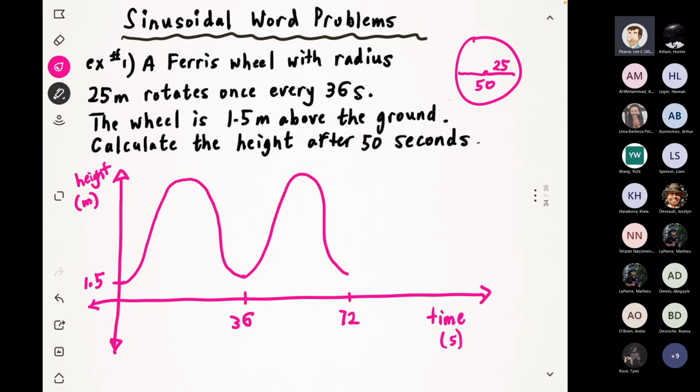So in that case, if the space between the bottom and the top is 50, then the maximum height is going to be 51.5. Okay, because that's the distance from the bottom of the Ferris wheel to the top of the Ferris wheel.